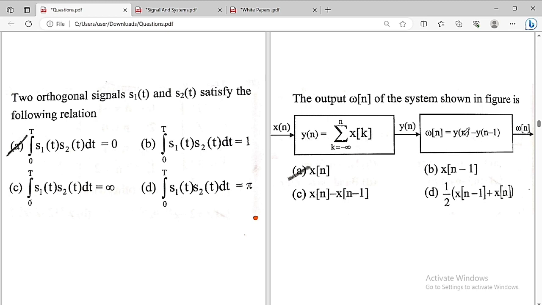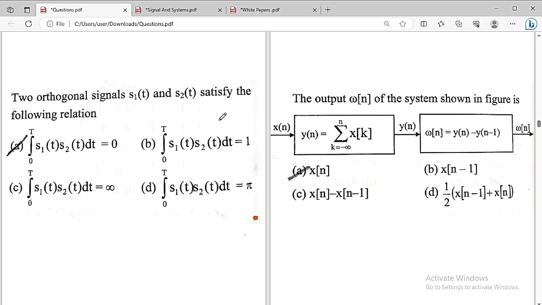For the second block, omega of n is equal to y of n minus y of n minus 1. So in this question, we have to find the relation of omega of n with respect to x of n. There are four options. Option A, x of n, is the correct solution of this question.